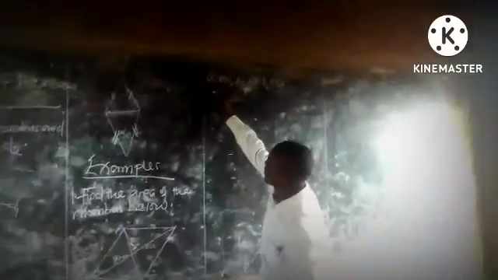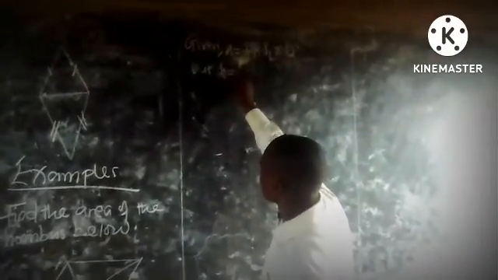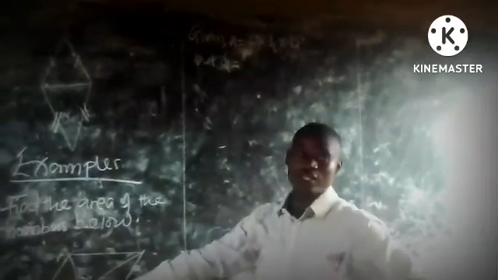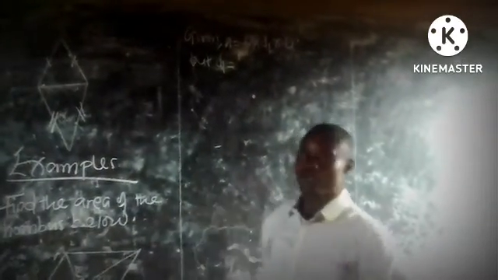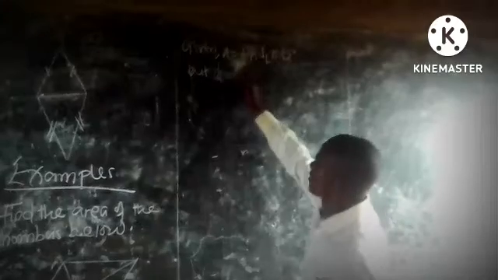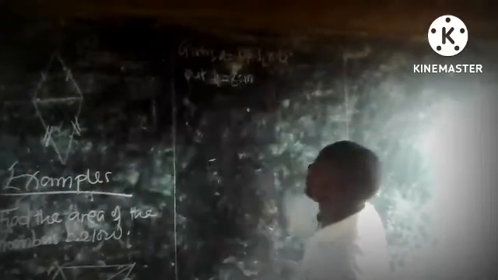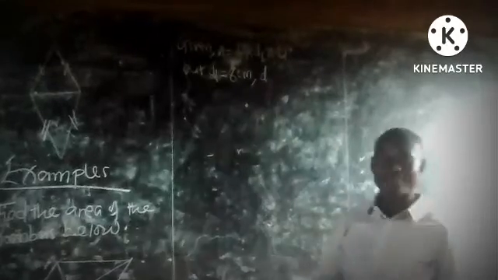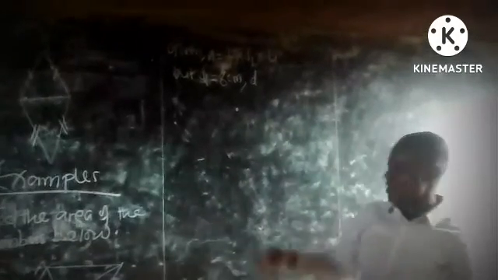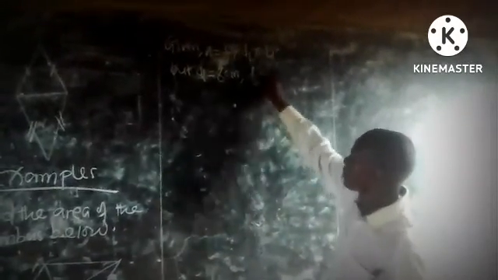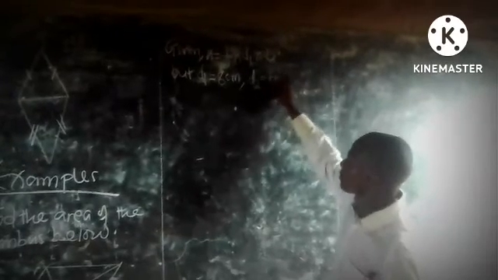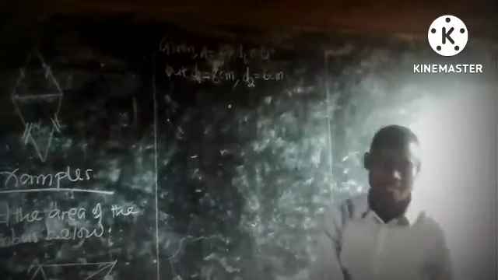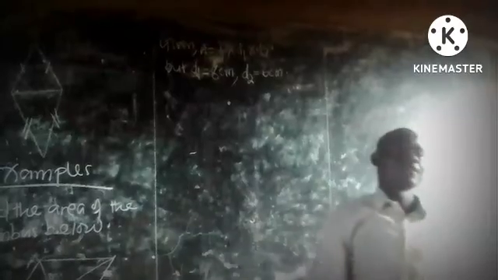So you say, but D1 equals the longer diagonal, which is 8 centimeters. So you write your diagonal 1 as 8 centimeters. Then as well, you tell the examiner or the teacher that your diagonal 2 is 6 centimeters. Are we together? Yes.